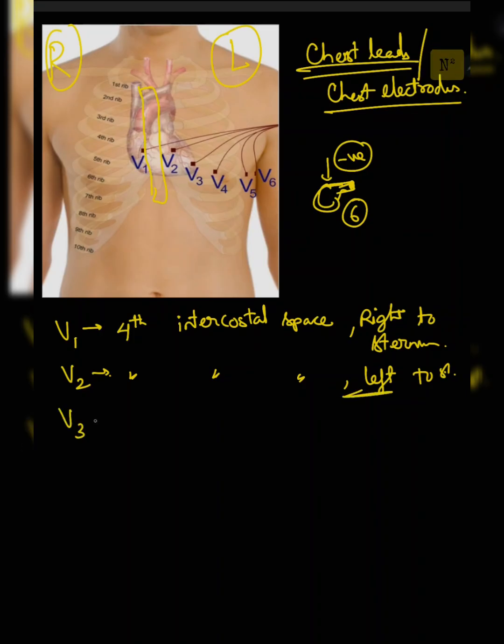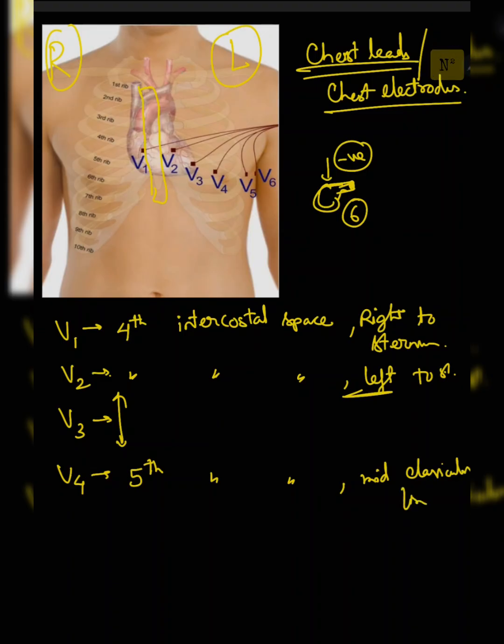Where V3 is placed, it is placed in between V2 and V4. Just let's know about the area of the V4 electrode placement. This is the 5th intercostal space at the mid clavicular line.